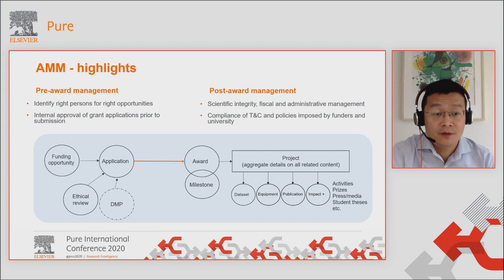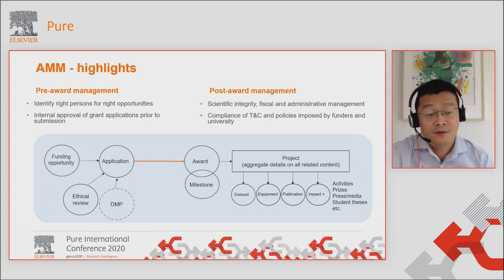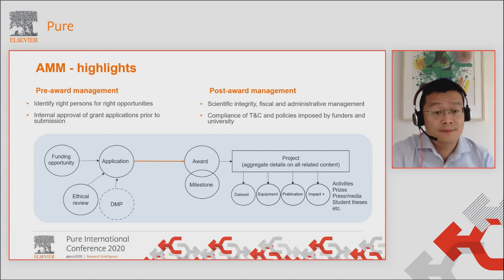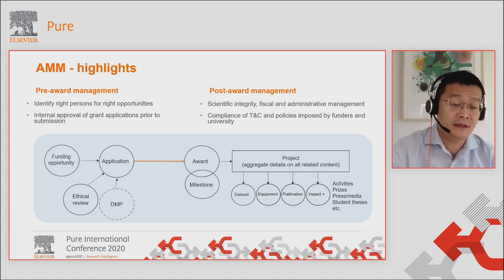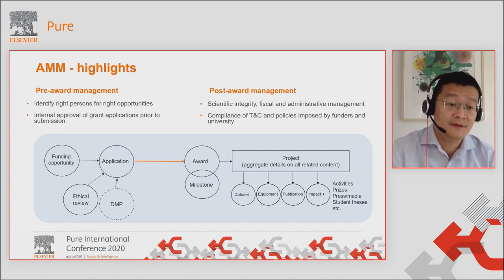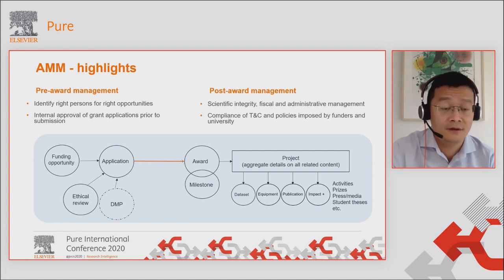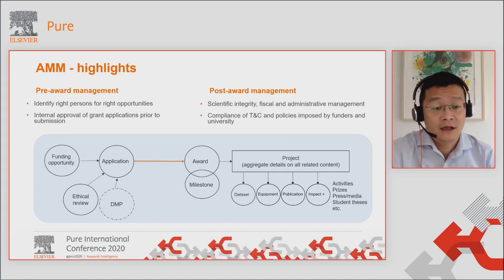So how does it work? In pre-award management, Pure focuses on identifying the right person for the right opportunities, and also facilitating the internal approval process for grant applications. This is supported by the content types funding opportunities, ethical reviews, and applications. The data management plan content type is currently being developed.